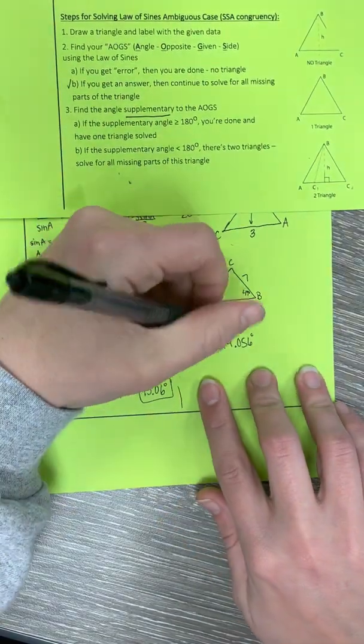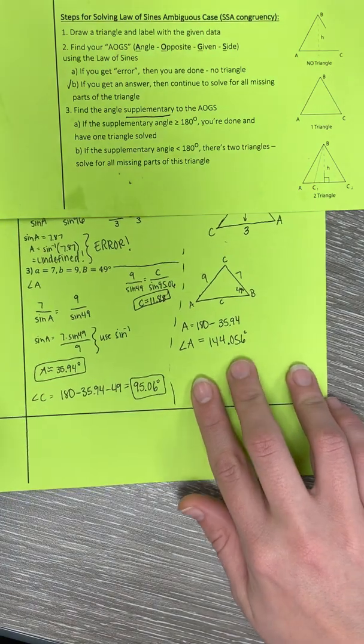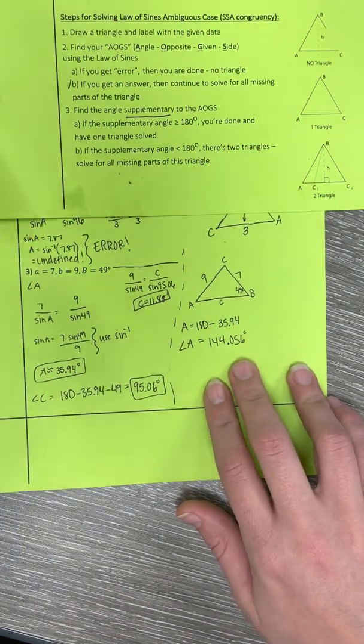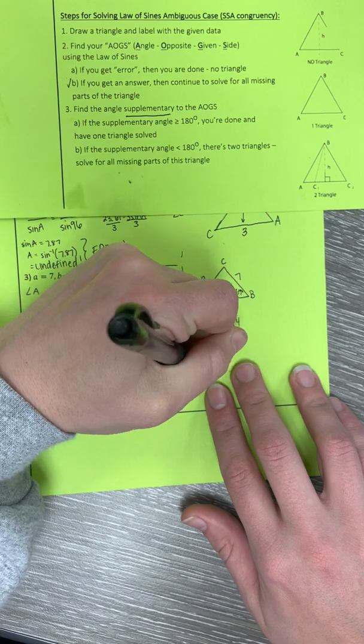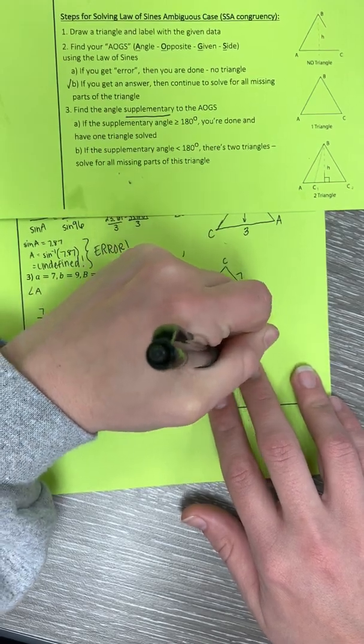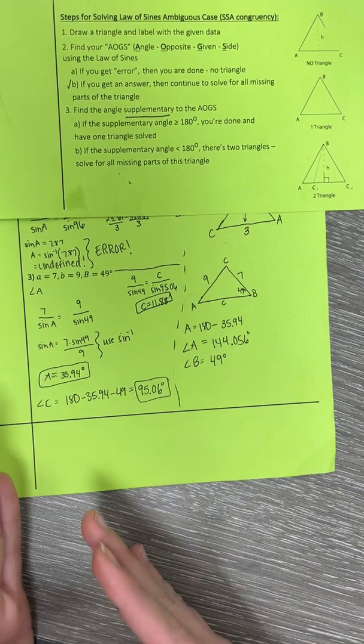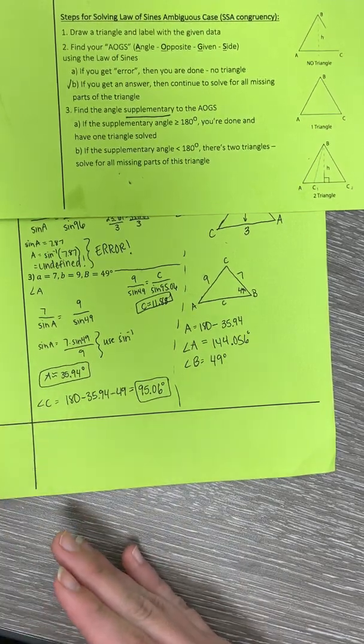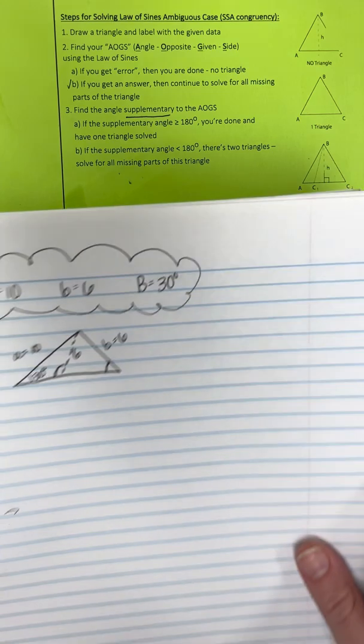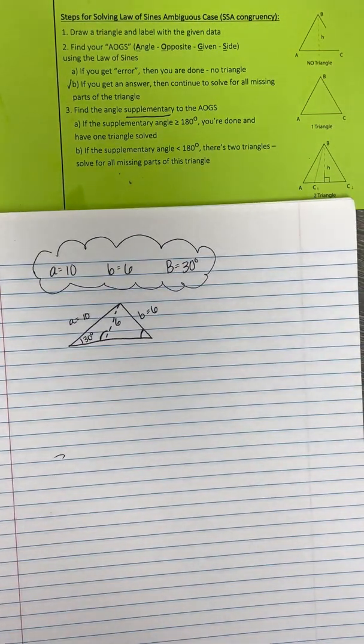All right, and if angle A is 144 degrees and angle B is still going to stay 49 degrees, because that's not going to change. The only thing we're changing is the measure that we found originally, angle A. And I'll refer back to this here just to show you why we subtracted the degree measure that we found from 180.